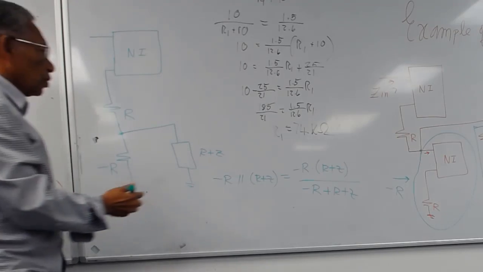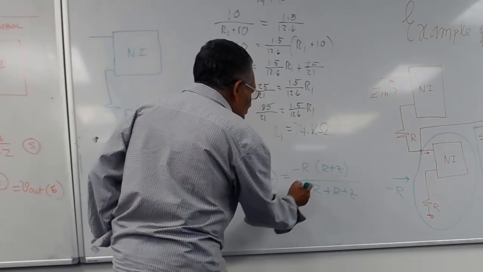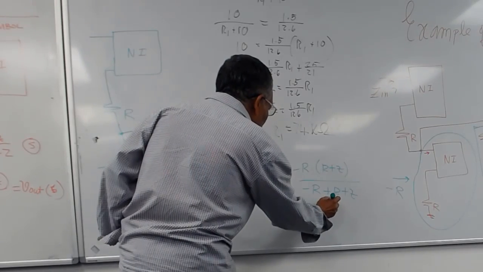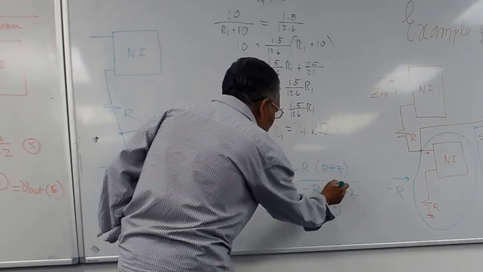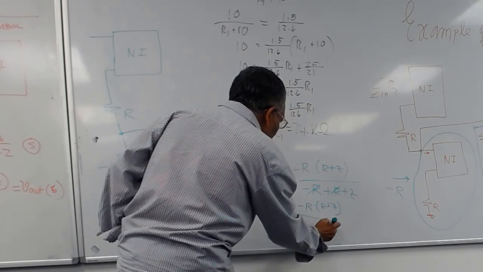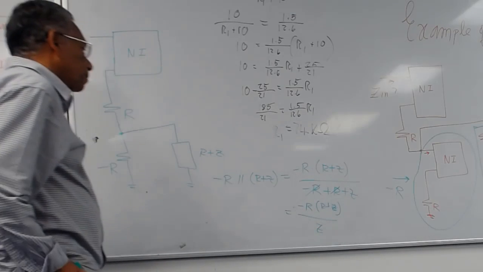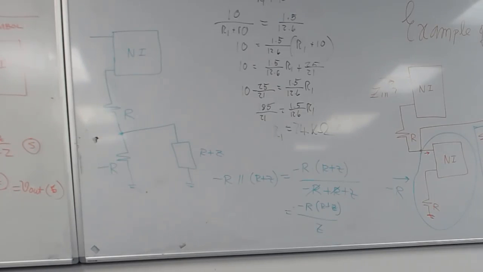So this is equal to minus R, R plus Z. This will cancel, and you have Z in the bottom.